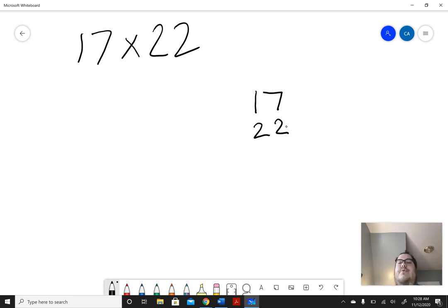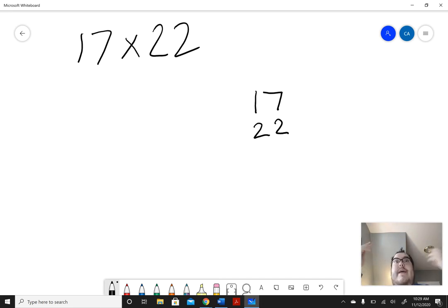So this 2 in the ones place in 22 is going to be multiplied to the ones place in 17 and the tens place in the 17. The 2 in the tens place of 22 is going to be multiplied to the 7 in the ones place and the 1 in the tens place in our number 17.